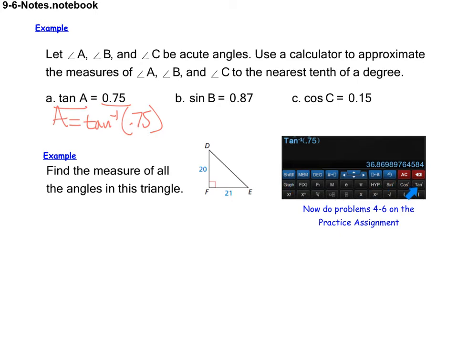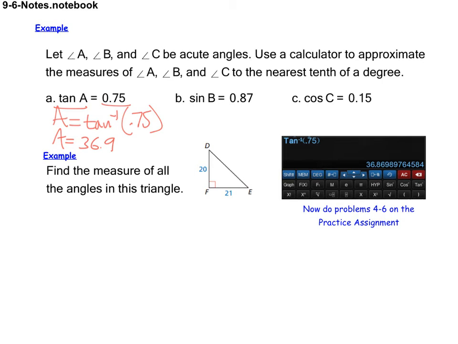That'll change this tangent key to a tan -1, an inverse tangent. Then we hit shift, tangent, and type 0.75, and that'll give you this angle 36.9. Okay, we'll round off to 36.9. So we know the angle that gives us a tangent of 0.75, that's opposite over adjacent.